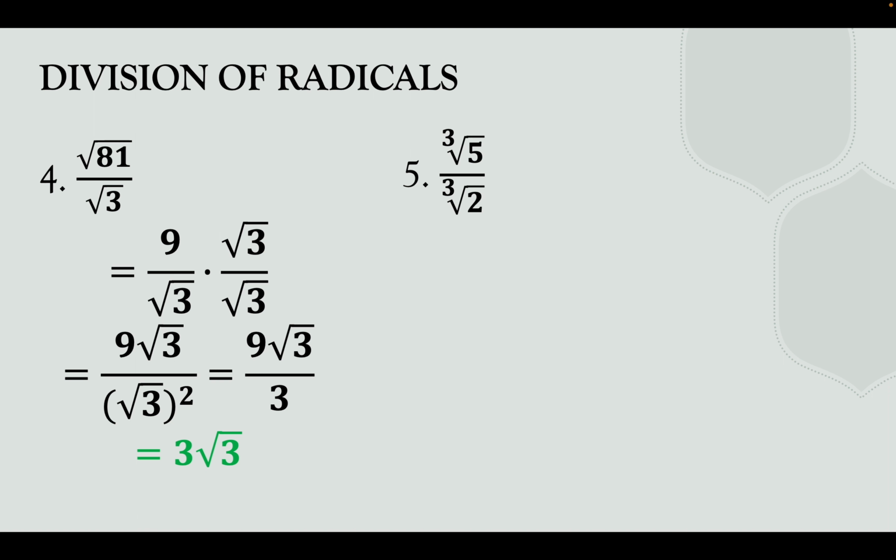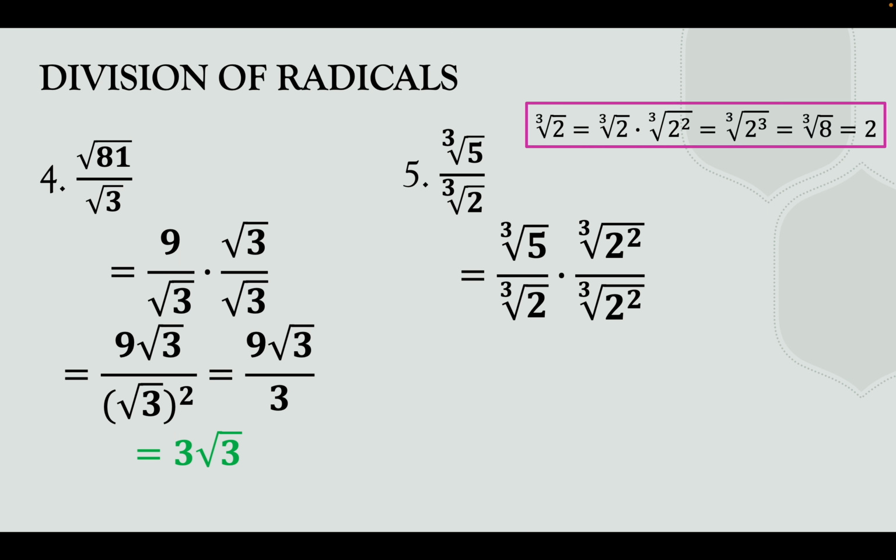Next, we have cube root of 5 over cube root of 2. So we will use rationalization again here. Our goal in the denominator, remember class, in rationalizing radicals with the same indices but different radicands, is to simplify the denominator or eliminate the radical sign.